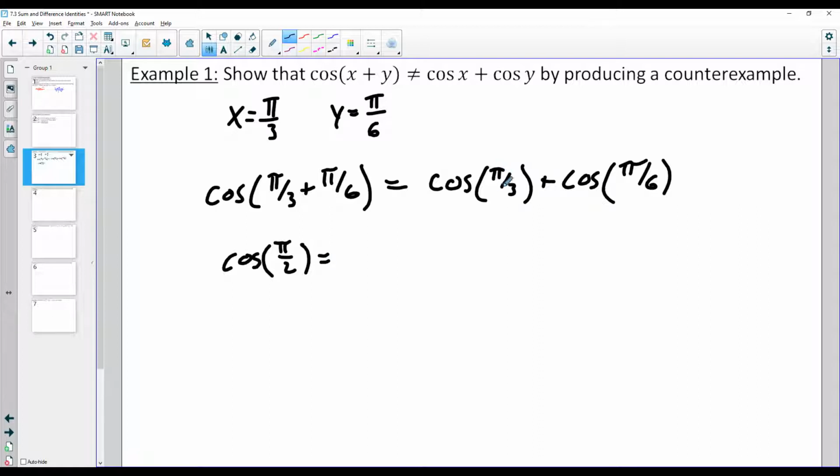And then here, cosine of pi thirds, remember pi thirds is 60 degrees, so that'll be square root 3 all over 2. Plus cosine of pi sixths, that's 30 degrees. Cosine of, I was thinking sine. Cosine of 60 degrees is 1/2, and cosine of 30 degrees is square root 3 over 2.